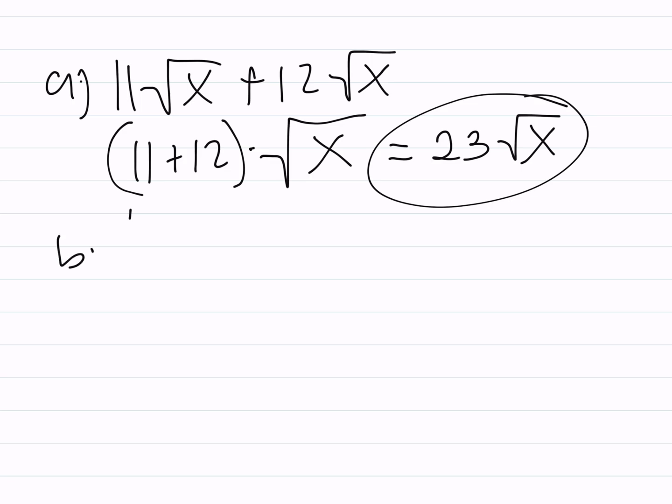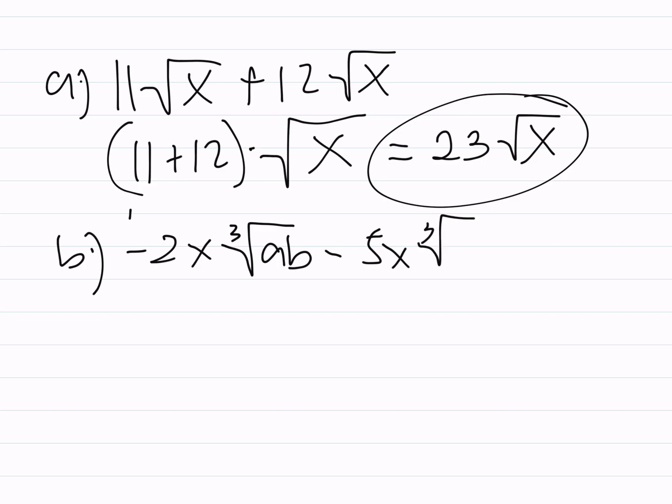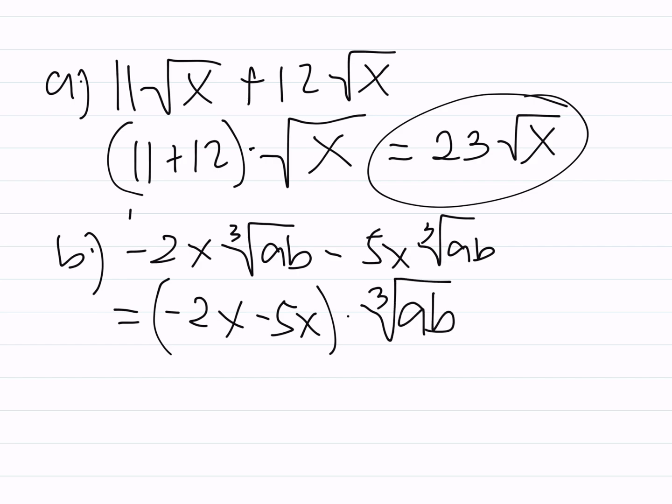Next, how about this one? Negative 2x, then cube root of ab minus 5x, then cube root of ab. Okay, is equal to, combine the base, so negative 2x minus 5x times the cube root of ab.